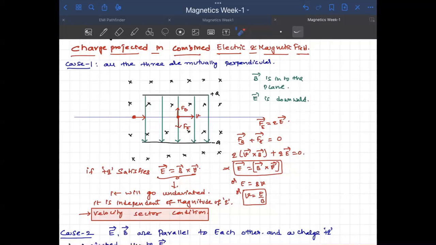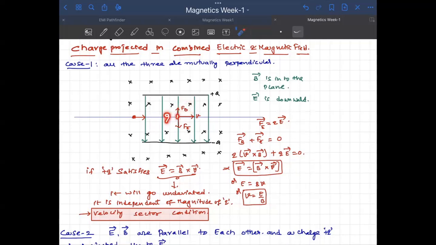Now your thumb is upwards. So that I have represented F_B. I'll repeat again. Pointing finger is into the plane, central finger is rightwards, and upwards you have the thumb. The thumb represents magnetic force, F_B.